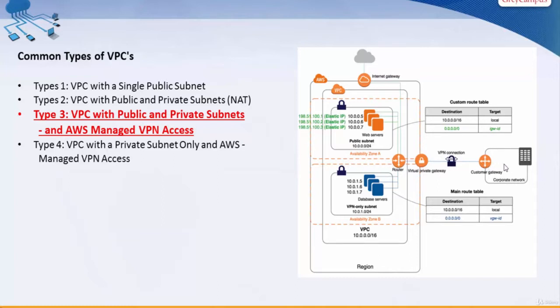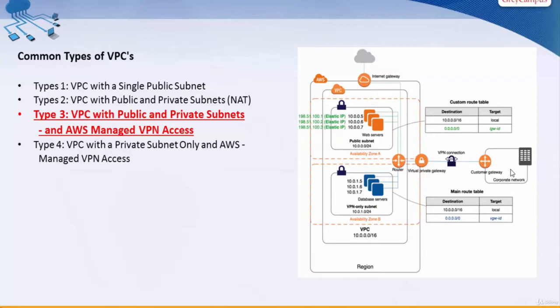This is also called a hybrid environment, where the servers in the company, or the servers in the corporate network, can connect with the servers in the VPC using the VPN connection, and vice versa. Servers in the VPC can get connected to the computers or servers or applications in the corporate network using the VPN connection.